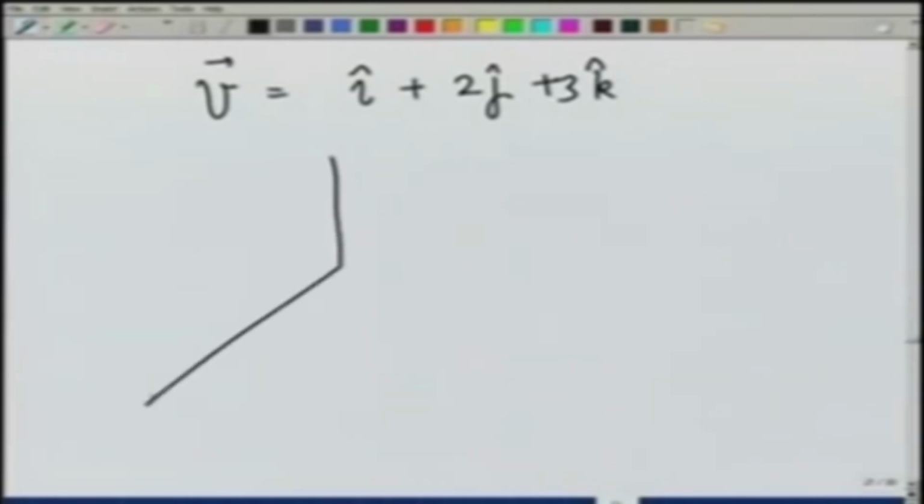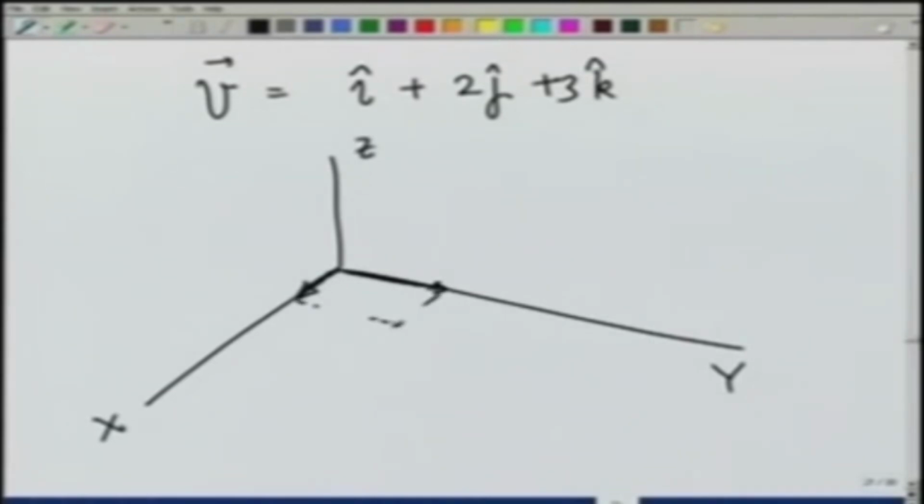So, suppose I write a vector v equal to i plus 2 j plus, let us say, 3 k. How would it look? x, y, z. So, I would make unit vector i in this direction, plus 2 j, a vector of magnitude 2 in this direction.